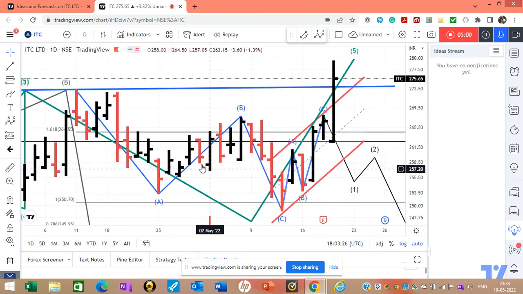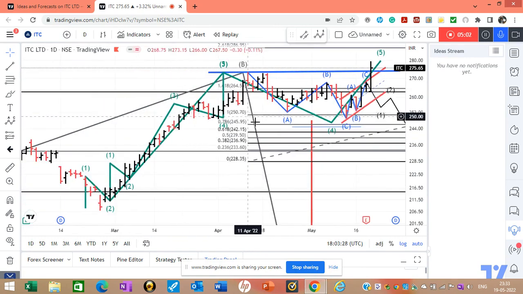I've already shorted ITC, but everybody has their own trading techniques. One of the techniques which I follow is that when the expiry is coming close, like today, we only have 5 more days of trading left. Next week by Thursday, there will be the monthly expiry and the weekly expiry.